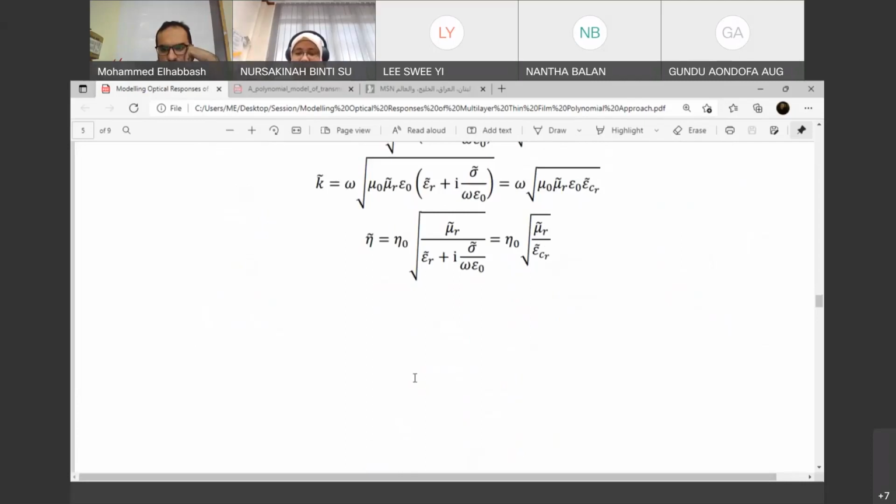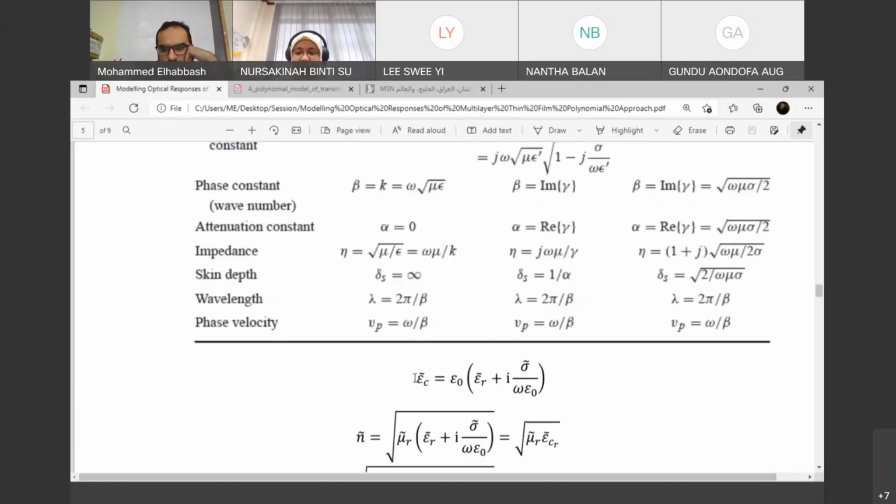Mr. Habbash, there is a question in the chat box. What do the real and imaginary parts mean in terms of the material's optical response? Okay, if I understand your question, you ask about the real and imaginary part of permittivity.